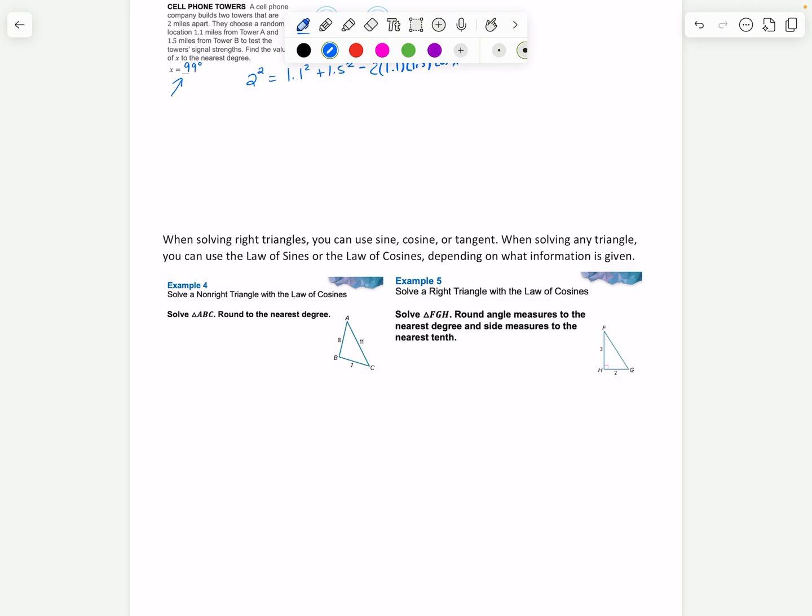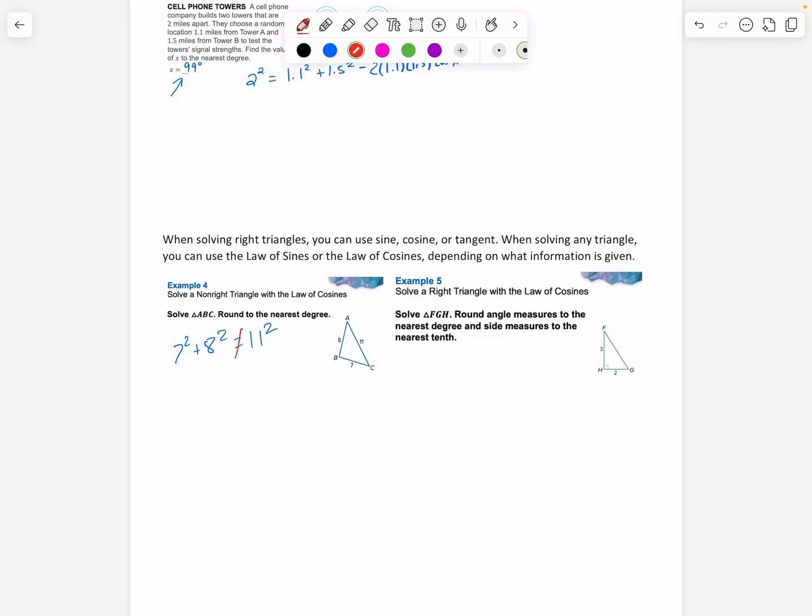So look at this example 4 here. So what do they give us? First of all, we need to see if this is even a right triangle, right? So when I look, does the 7 squared plus 8 squared equal 11 squared? No, it does not.